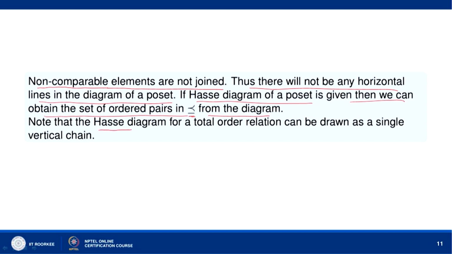Now, a Hasse diagram for a total order relation: if your relation on the set X is a total order relation, it means that if you take any two elements of the set X, then they are comparable, either X precedes Y or Y precedes X.